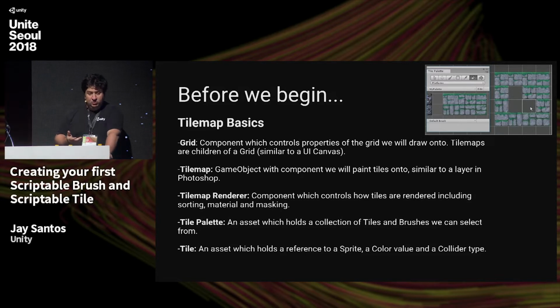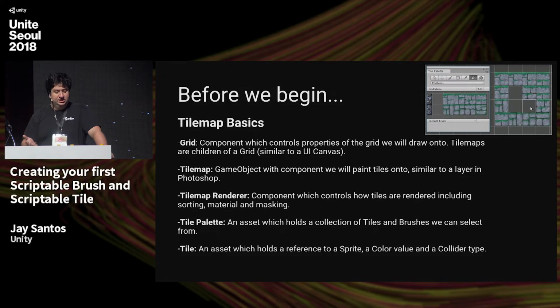Now, within the grid, you can have tile maps. You can have more than one tile map. These are the game objects where you paint the tiles onto, where you will effectively create the tiles. Once again, making a parallel, they're like layers in Photoshop.